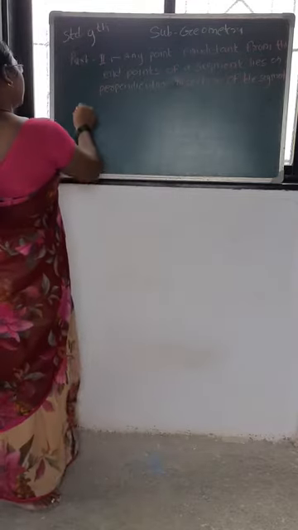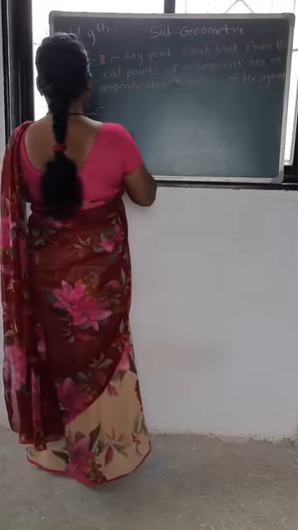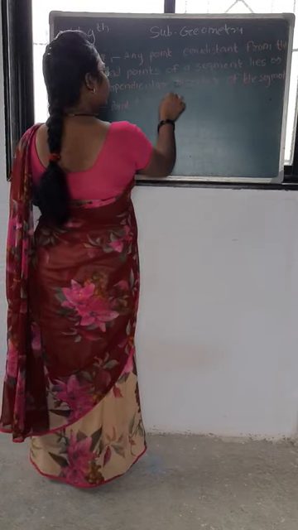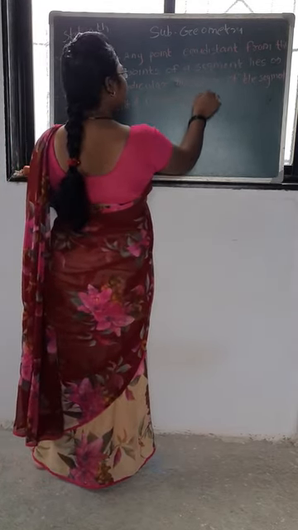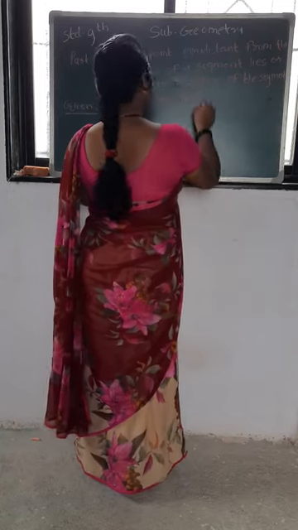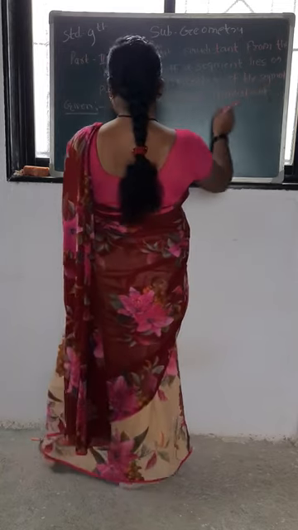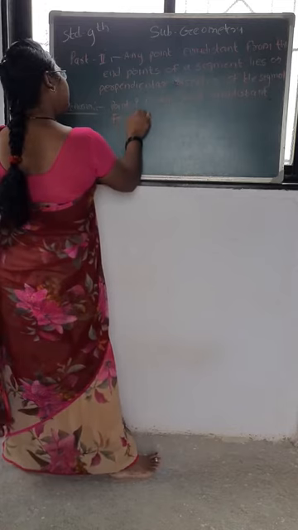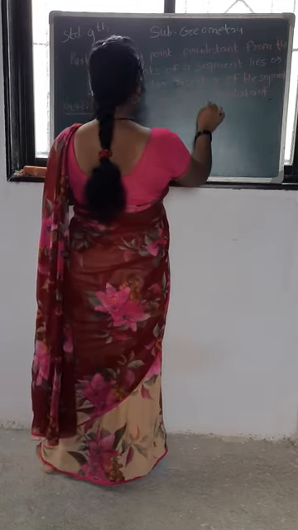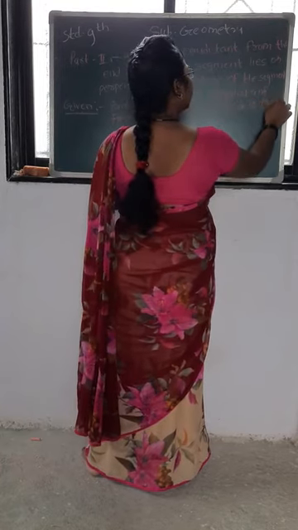Given that point P is any point equidistant from the endpoints of segment AB, that is PA is equal to PB.